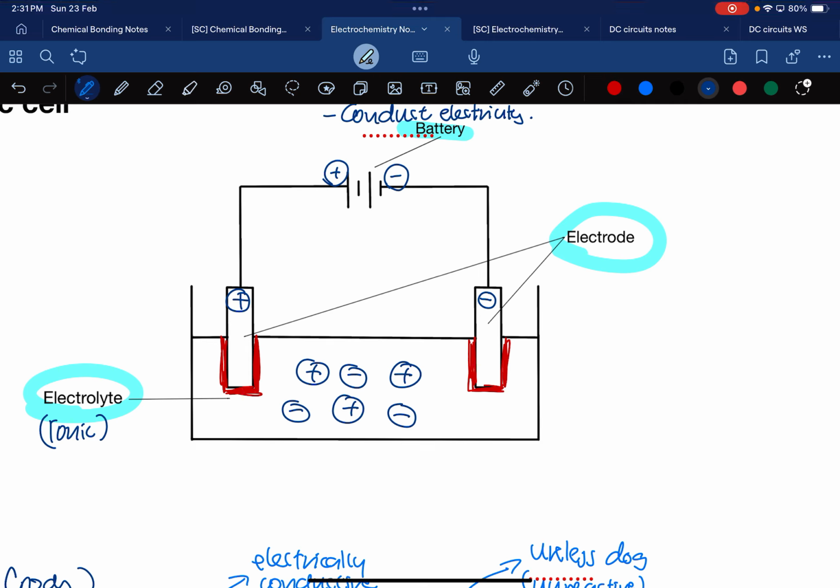Your electrolyte is an ionic compound. Ionic means I have cations and anions. The one that's connected to your positive terminal will be your positive electrode.